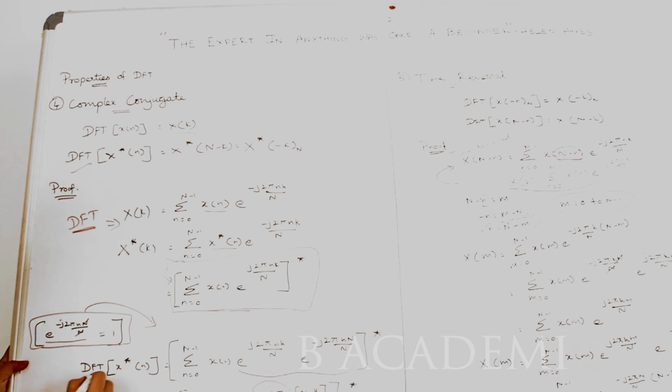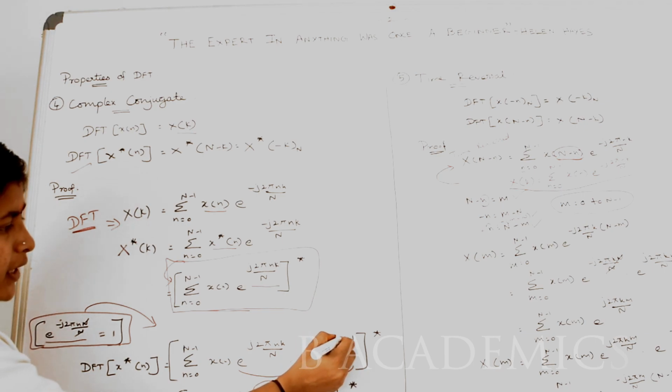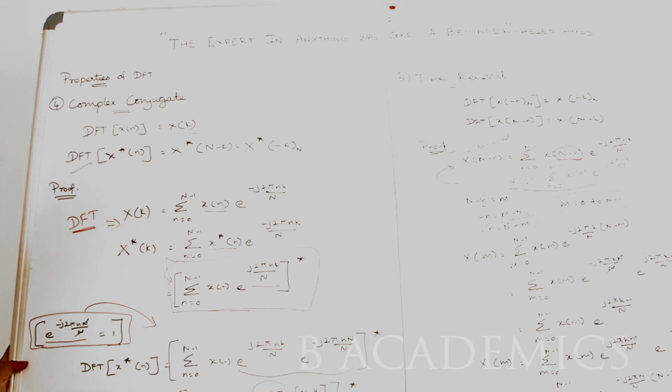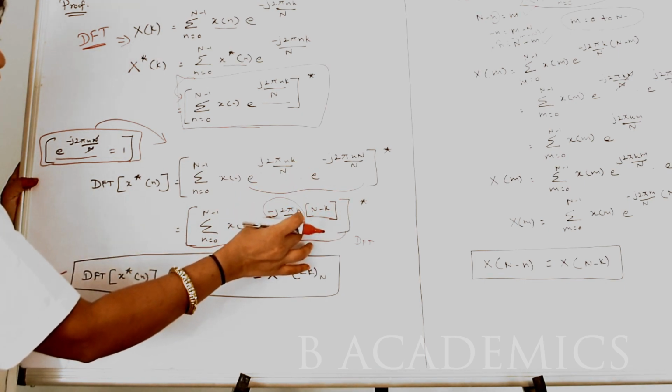DFT of x star of n is equal to summation n equal to 0 to N minus 1 x of n e power this term and the additional term e power minus j 2 pi n divided by N, the whole star. From these two exponential terms I am considering the common term.